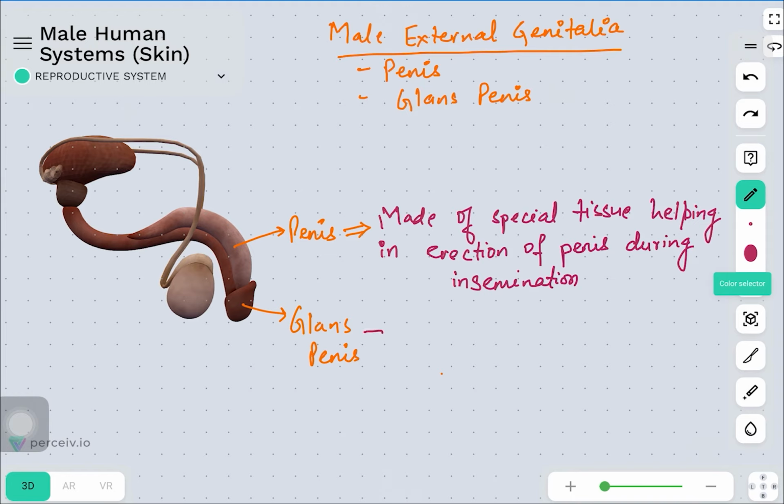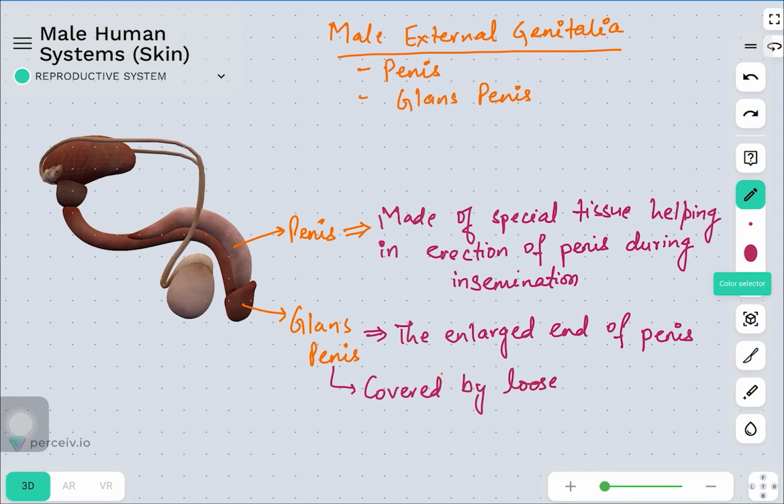Now this glans penis, which you can see, is the enlarged end of penis, and it is covered by a loose fold of skin, and that is called foreskin or prepuce.